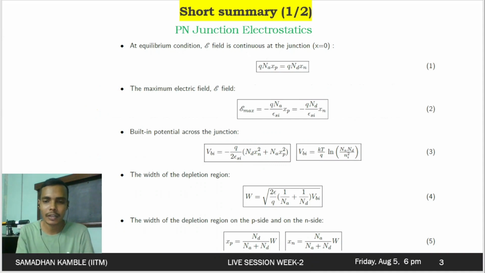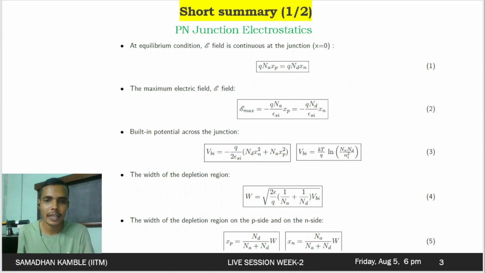In this week, we considered the zero biased p-n junction first, and in the subsequent weeks we'll consider the current-voltage characteristics of the p-n junction. We considered the uniformly doped p-n junction in which one region of the semiconductor is uniformly doped with acceptor atoms, and the adjacent layer is uniformly doped with donor atoms.